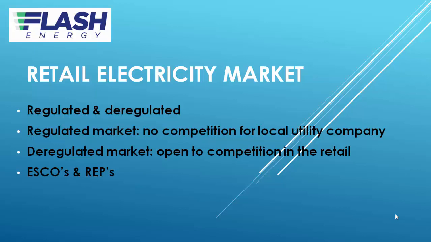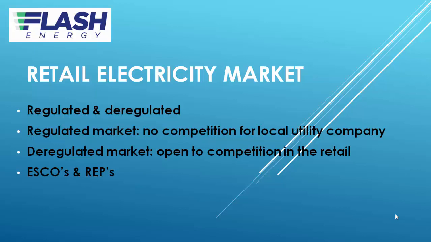Now, in a deregulated market, the local utility company still can and still does sell juice to the end consumer, but they generally are not as heavily involved in that retail competition. Some are more aggressive than others in the retail market. That's their choice based on what upper management wants to do, but those are the differences.